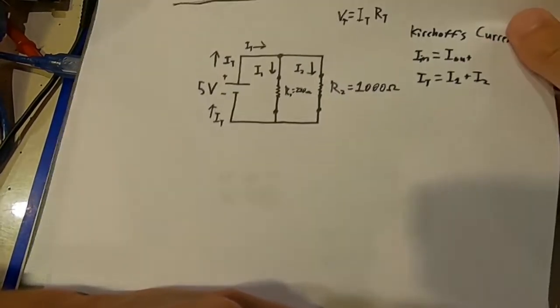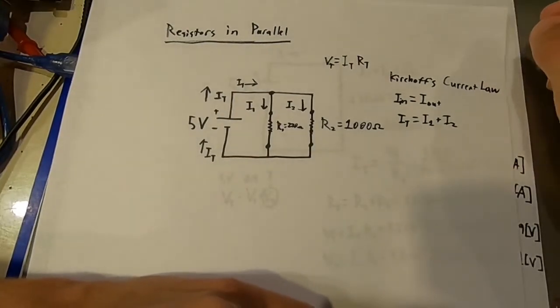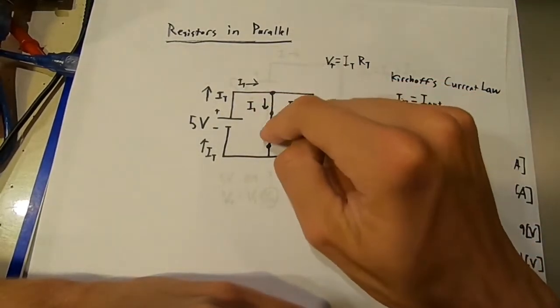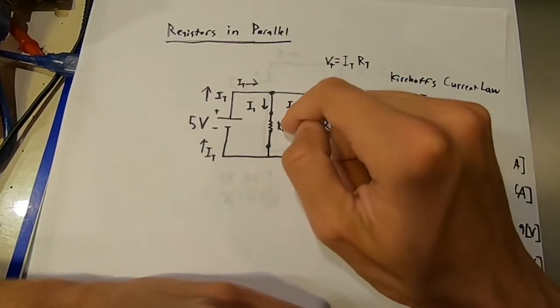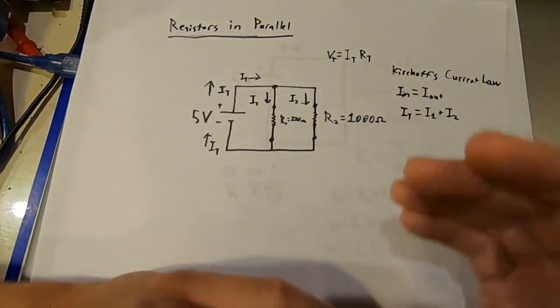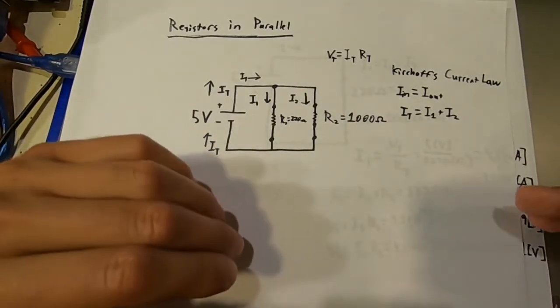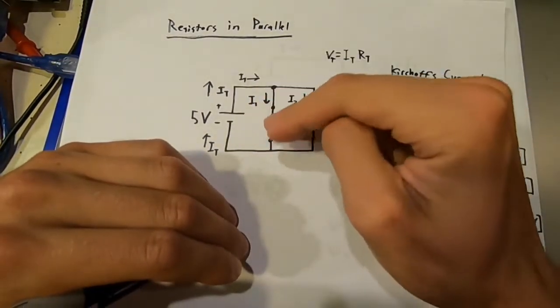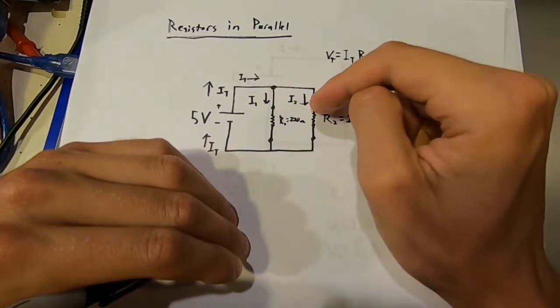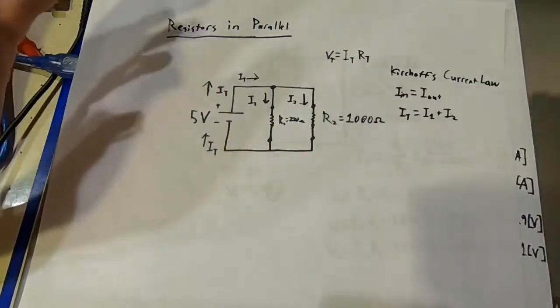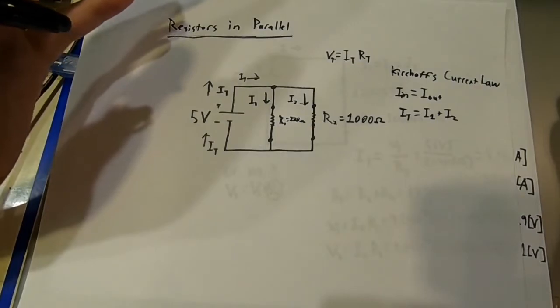But now that we have them in parallel, we've got two different ways that this current can go. So we're essentially going to be reducing the overall resistance, since some of the current can go this way, some of the current can go this way. We've essentially opened up multiple options.